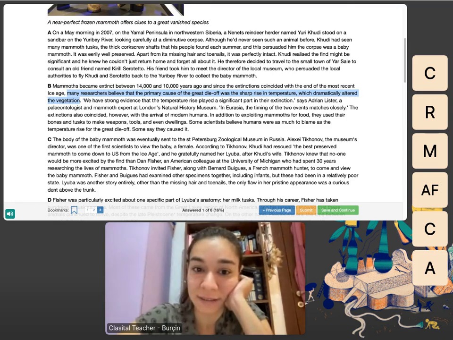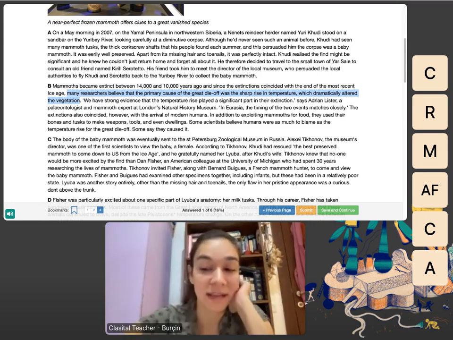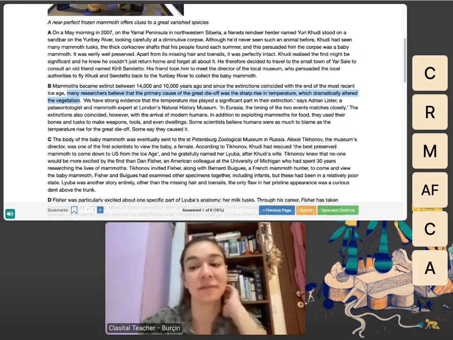Because it says that many researchers, some researchers, say that a marked rise in temperature, a sharp rise in temperature, dramatically altered, impacted by changing the type of vegetation available. Maybe vegetables available. I think they are both acceptable. But this is my answer for the 11.